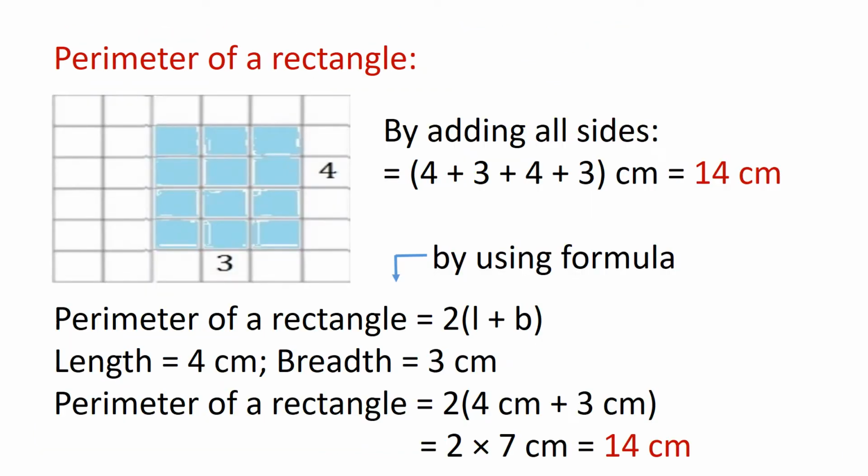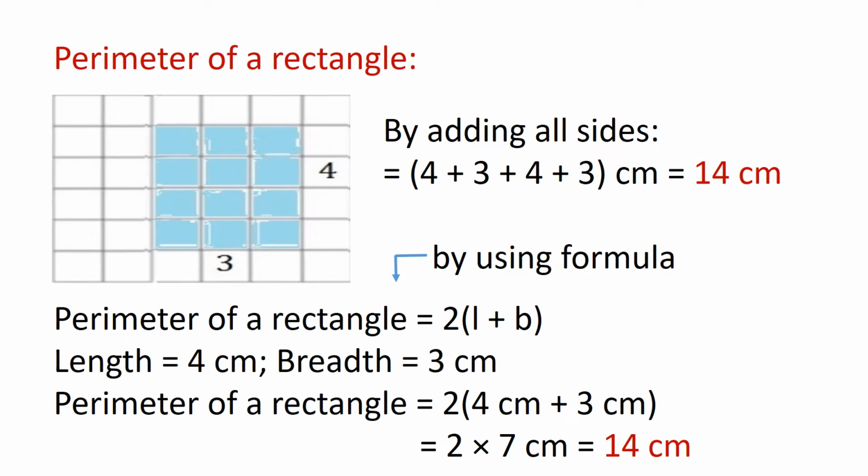Let us now calculate the perimeter of the given rectangle. We can find the perimeter of a rectangle by 2 ways, either by adding all 4 sides or by using the formula. By adding all the 4 sides, the perimeter of this rectangle will be 14 centimeter. Let us now calculate using the formula.